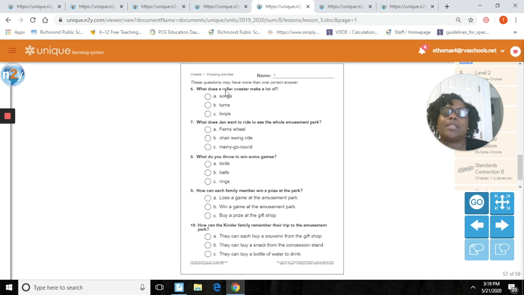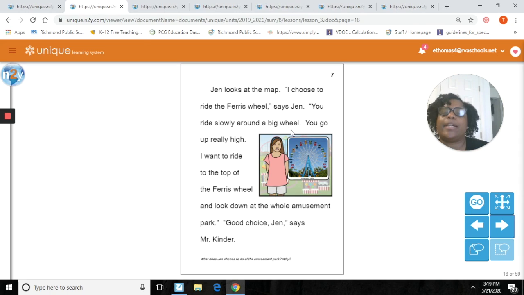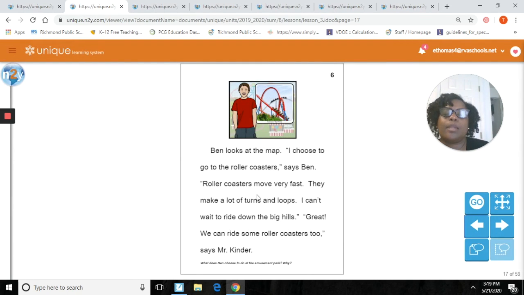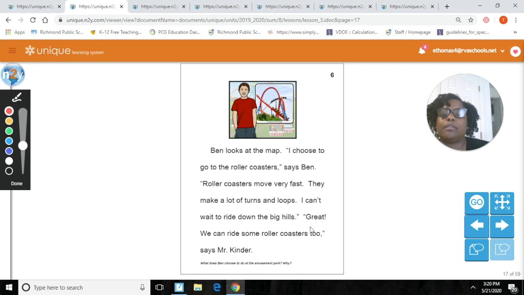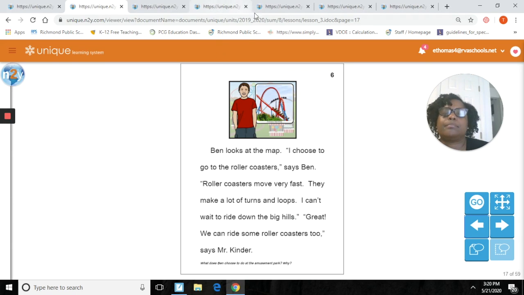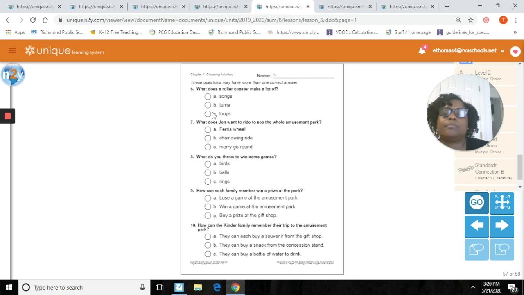We're going to go to the part that talks about the roller coaster, right? So let's do that. What does a roller coaster do? Makes a lot of turns and loops, right? So we will have turns here and loops.